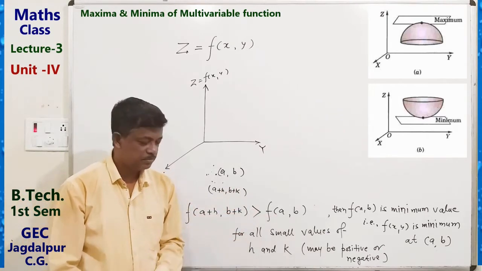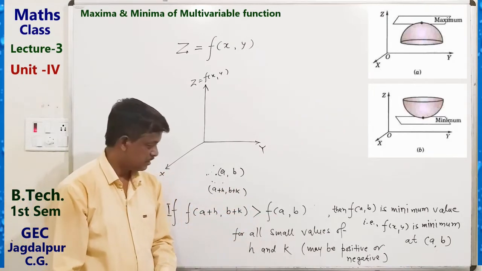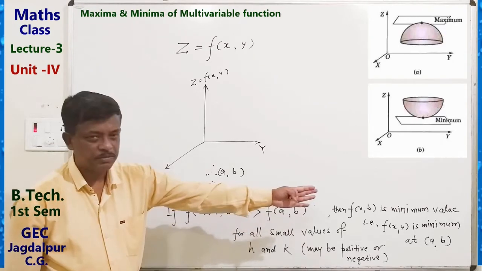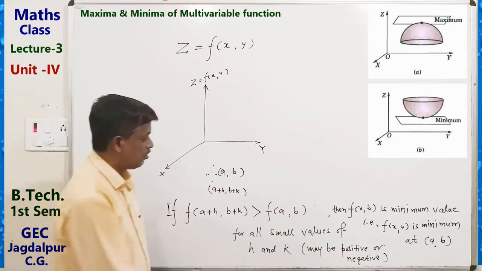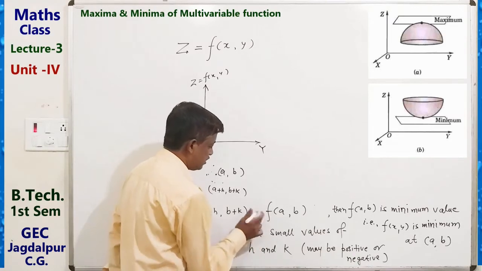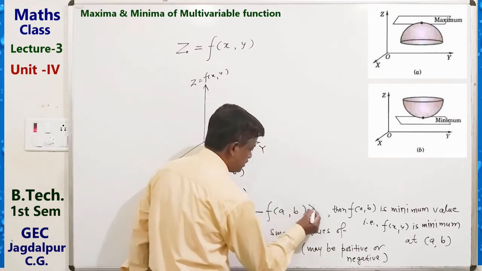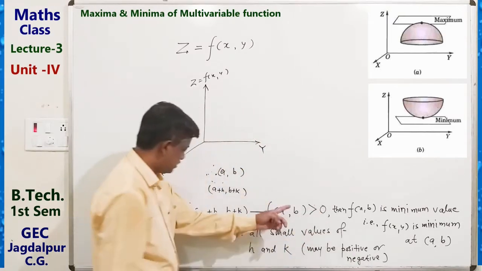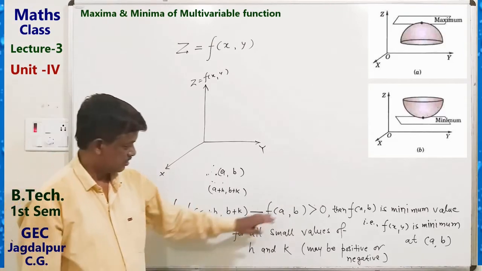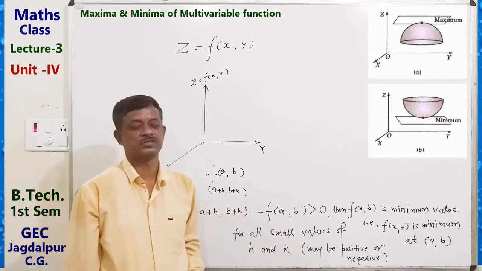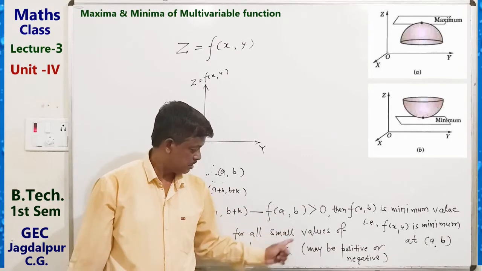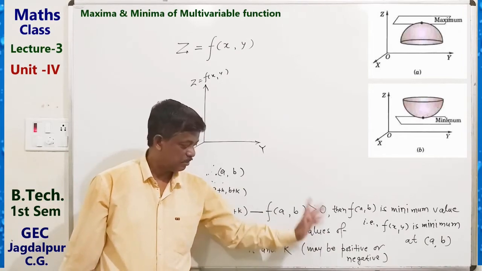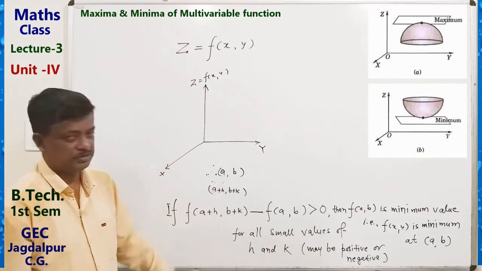So this condition can also be written as this is greater than this, then minimum, or we can write it like this: this is greater than 0. That is, this difference is positive for all small h, k, which may be positive or negative, in this neighborhood.